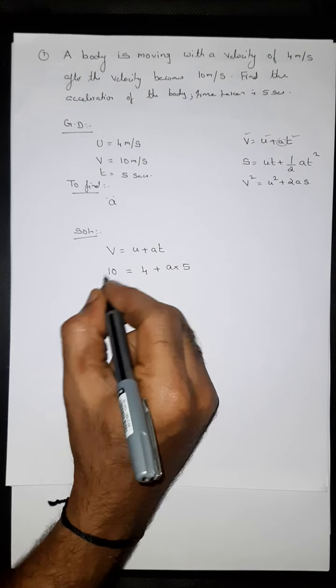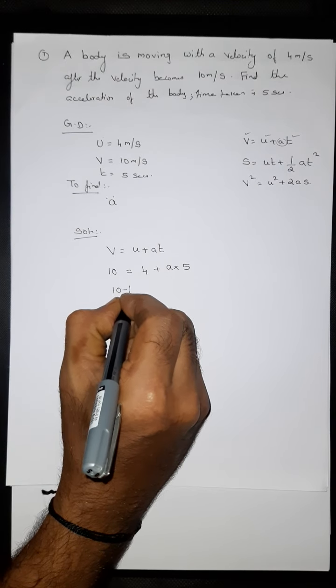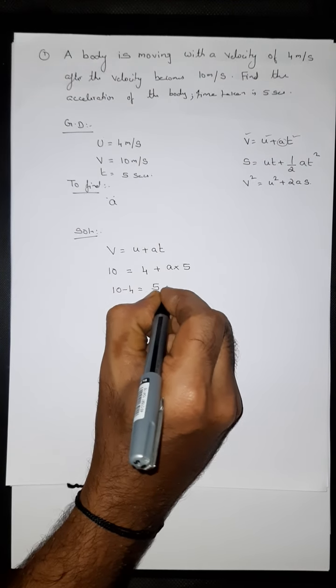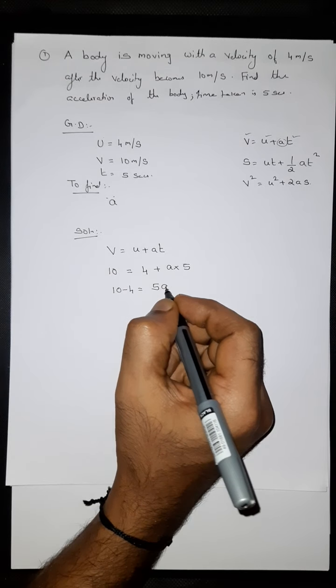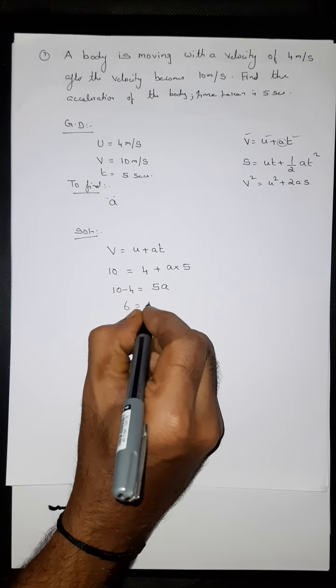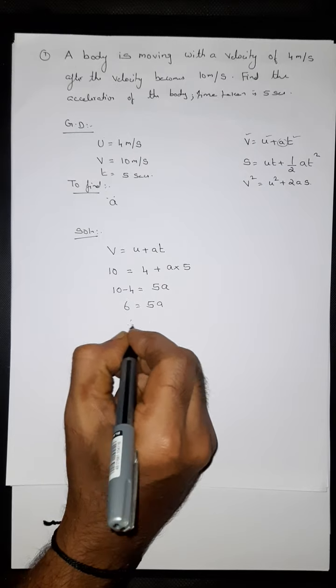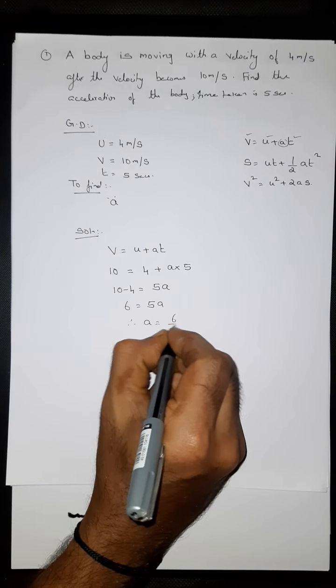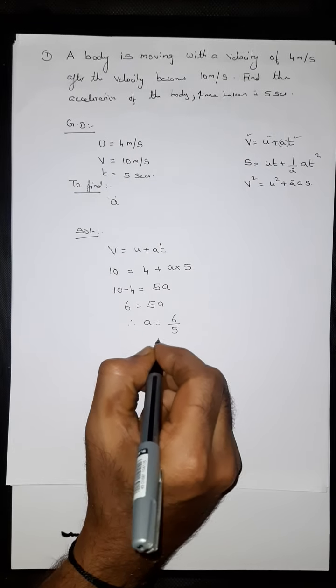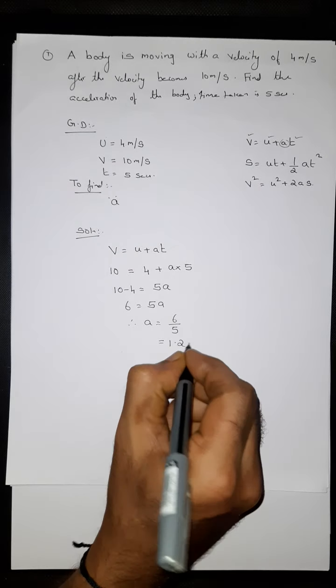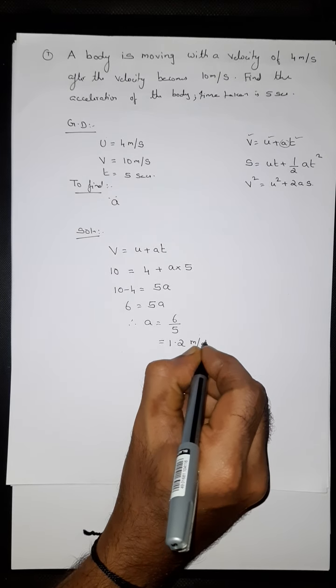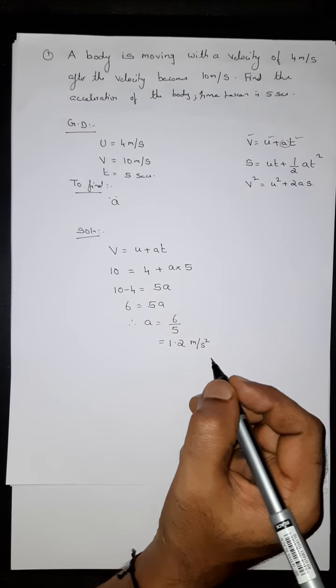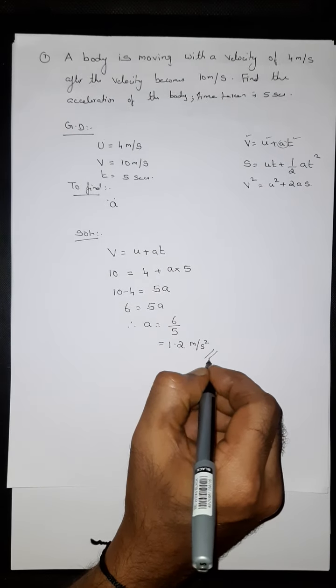I take 4 to the left hand side, so 10 minus 4 equal to 5a. So 6 is equal to 5a. Therefore, a is equal to 6 by 5, which works out to 1.2 meter per second square. Clear?